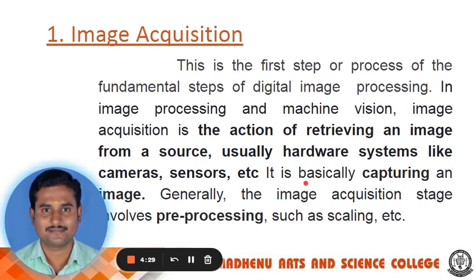It is basically capturing an image. Generally the image acquisition stage involves pre-processing, such as scaling and sharpening the image and increasing the contrast of the image. Before processing the image, we have to do all these pre-processing techniques so that the image is clear for doing further analysis.